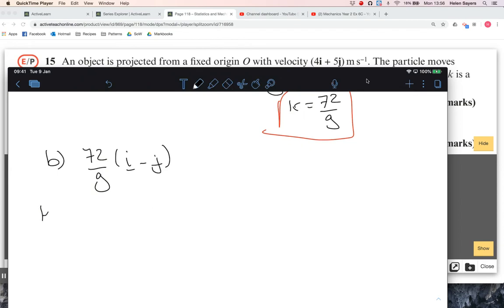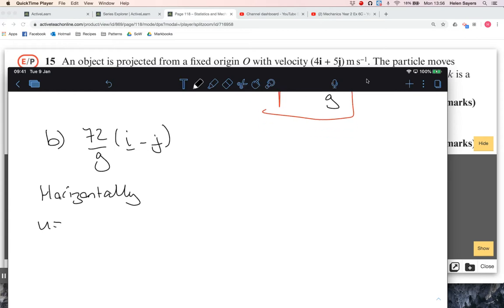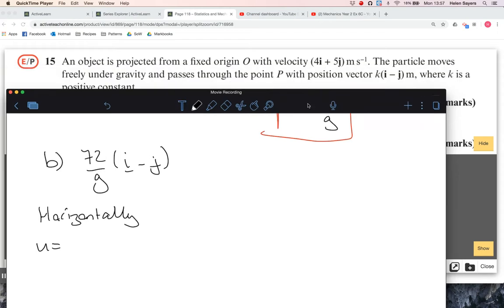So let's start with horizontal. That's easier. And horizontal is super easy, in fact, because its initial velocity to the right was 4, and there is no acceleration horizontally. So that's also its final velocity. So its velocity to the right is just a constant value of 4i.